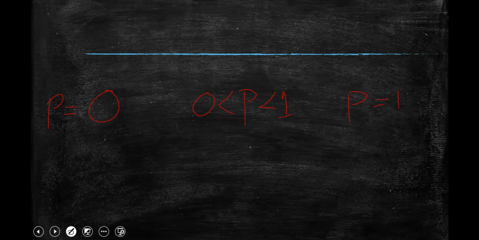If the probability equals 0, I call it impossible. If it is between 0 and 1, it is any probability. And if it equals 1, we call it certain probability. Now be careful, the probability cannot be greater than 1.